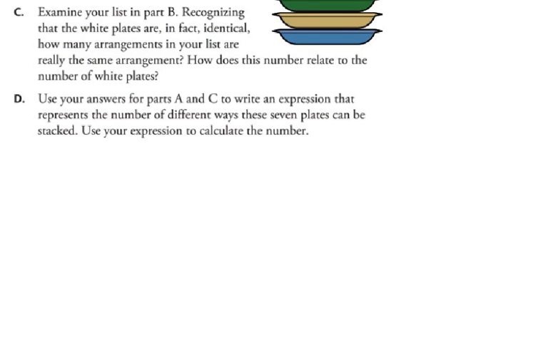So looking at question C, and if we go back to that list in B, we need to look at how many different groups we've eliminated. So what we have is our 7 factorial ways of arranging every plate, but since we have a group of 3 that are the same, we have 3 factorial identical items.